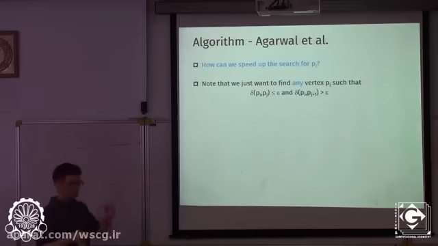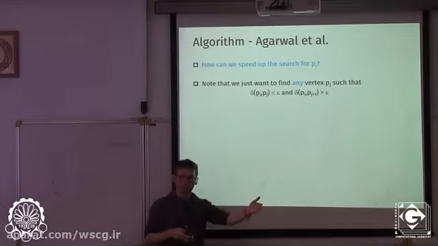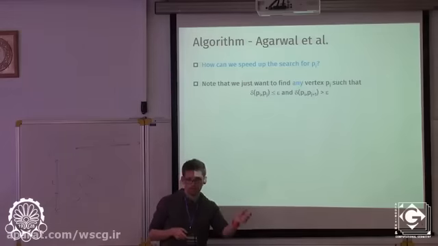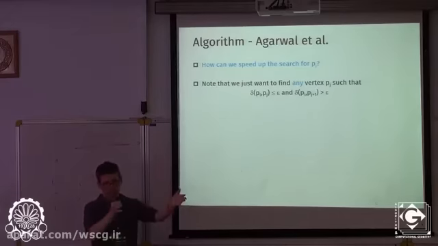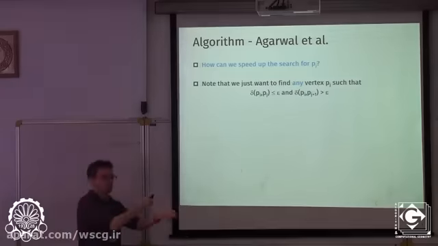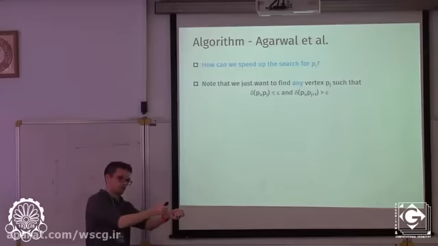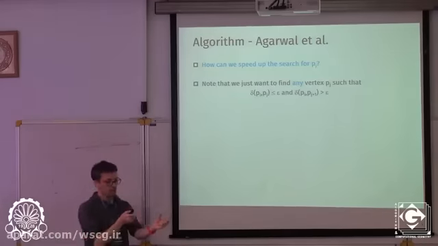But the larger problem is that if you do a binary search, it might be that the j you're looking for is very small, but you might end up doing a huge calculation if in the first step you compute the Fréchet distance between the first vertex and the middle vertex, because there you already spend linear time. If your binary search then goes to smaller and smaller intervals, you at the end just found a very short segment, so you make very little progress but have already spent a large amount of time.